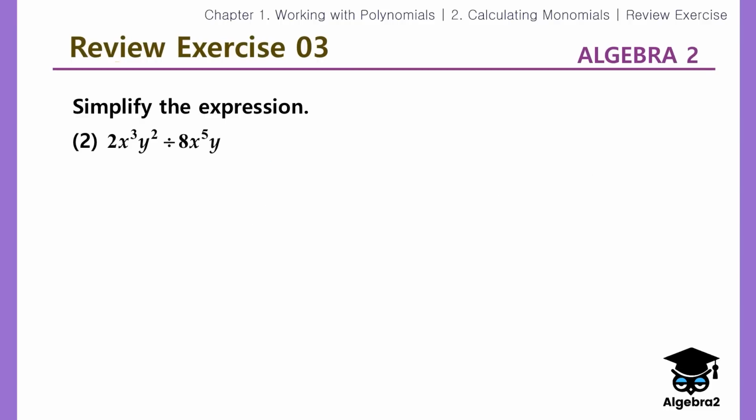Number 2. Okay, we have a division here again. So 2x cubed y squared, we're going to change that to multiplication. That's going to be 1 over 8x to the 5 y. So that is equal to 2 times 1 over 8 first, and variable x cubed, x to the 5.